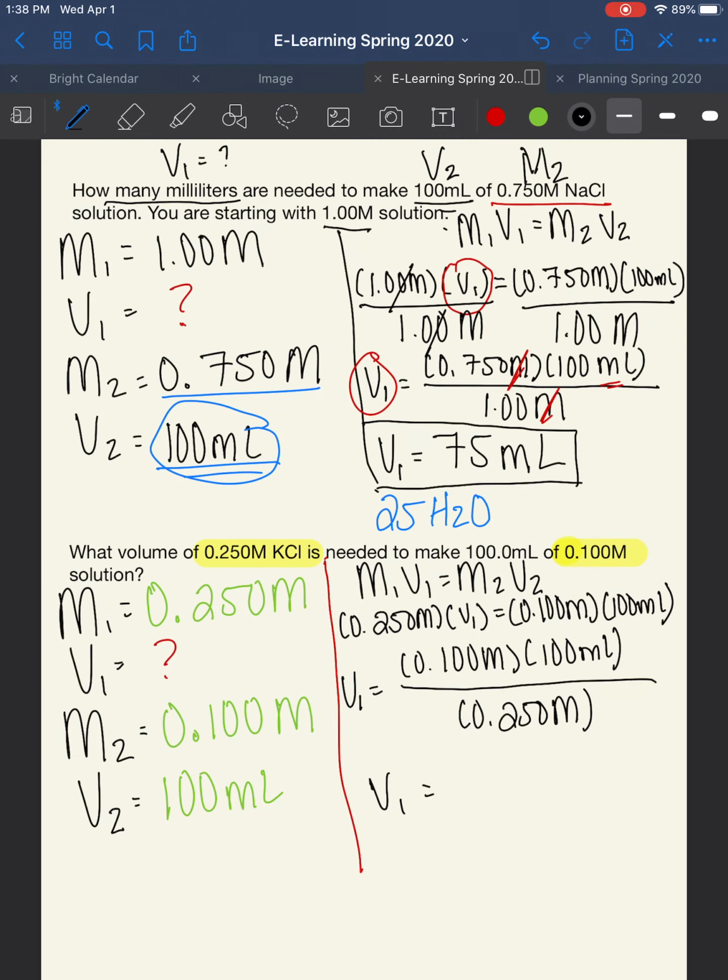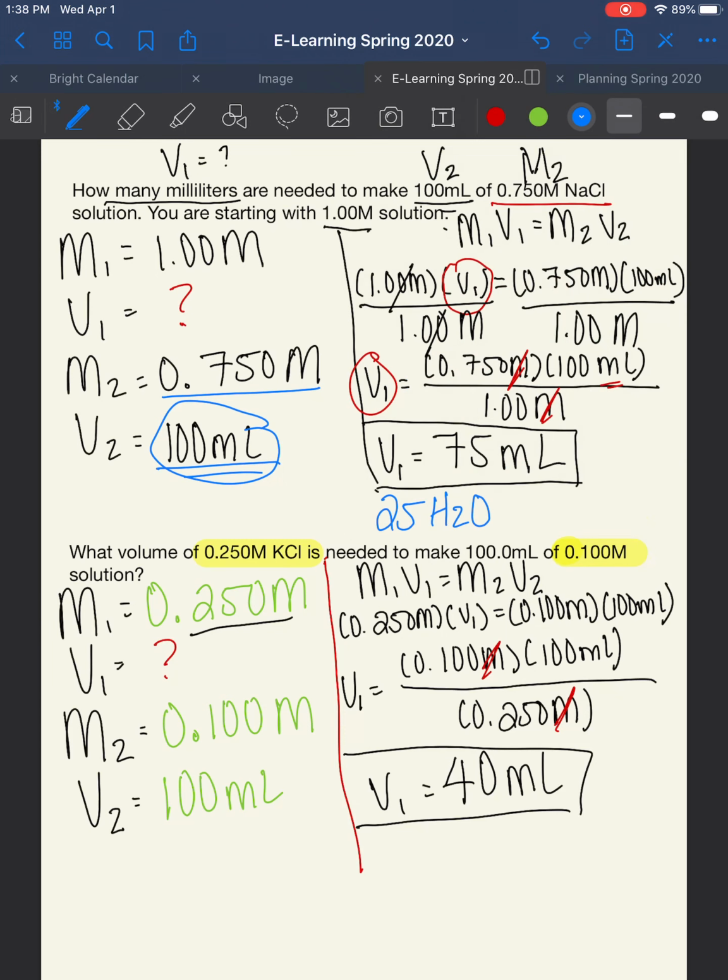So my V1 is equal to 40. And again, double check your units. Molarity cancels with molarity. So my final answer, V1, is equal to 40 mLs of my 0.25 molar solution.